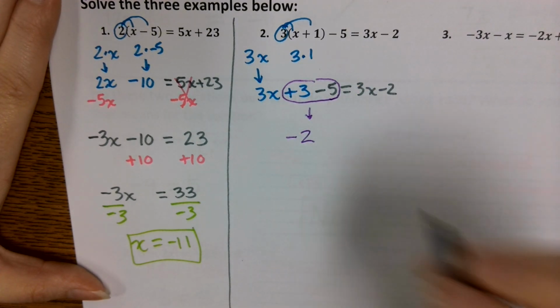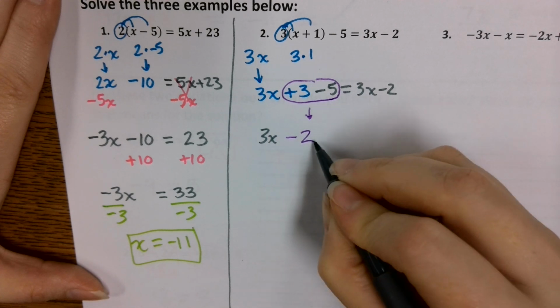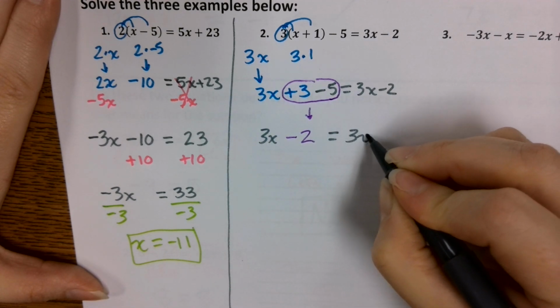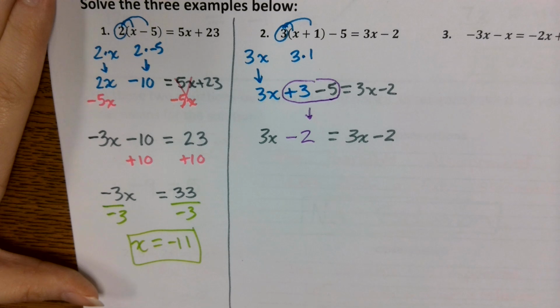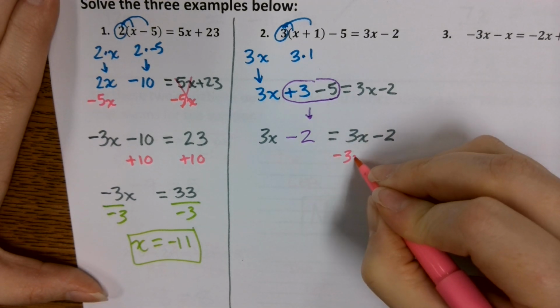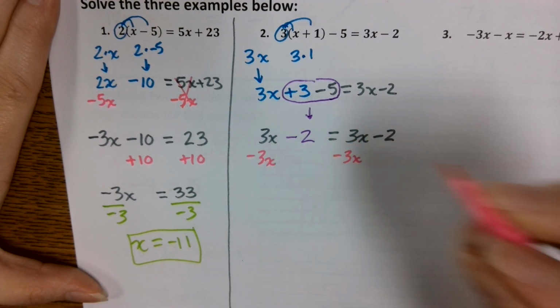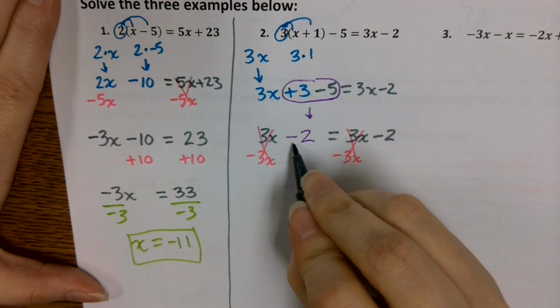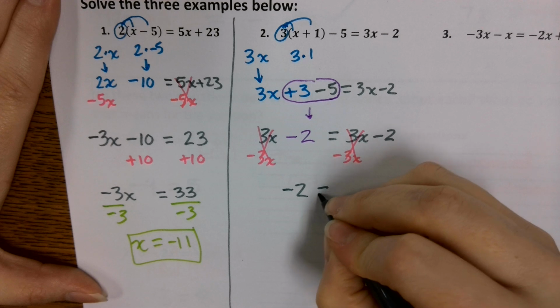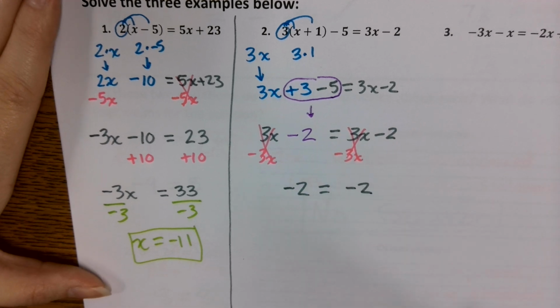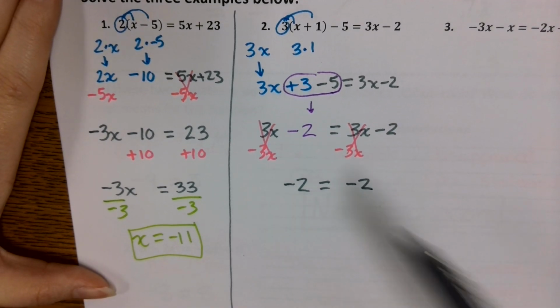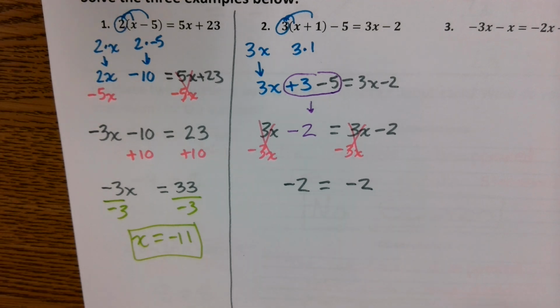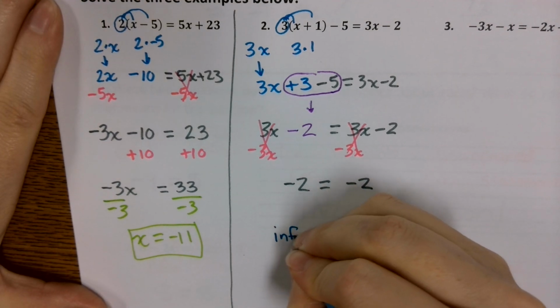So I now have 3x minus 2 is equal to 3x minus 2. When I subtract 3x from both sides, those x's are both going to cancel out. I'm left with a negative 2 is equal to a negative 2. They are the same. So we call that infinitely many.